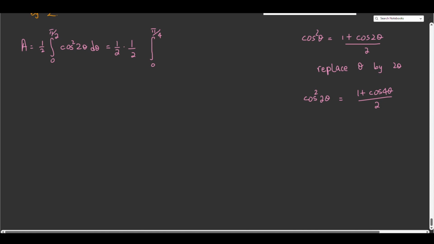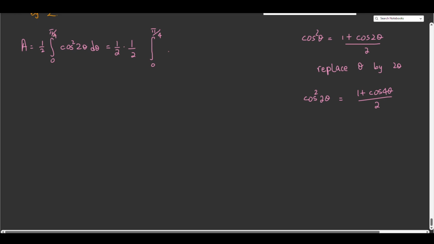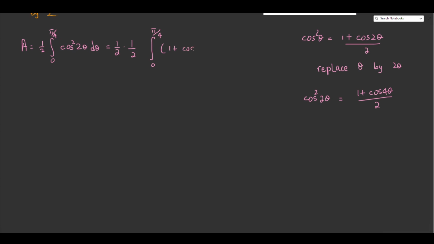Let me change this here. So here this is pi by 4, 1 plus cosine of 4 theta, and now we can integrate this. So this becomes 1 by 4.